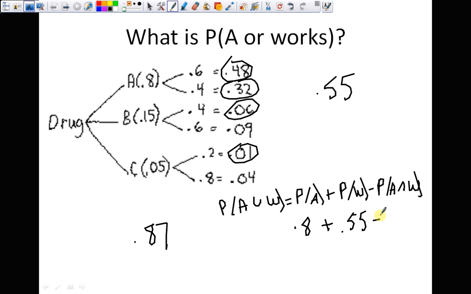And then we take away the probability of using A and it working, which is 0.48. And you can verify that 1.35 minus 0.48 is our 0.87.